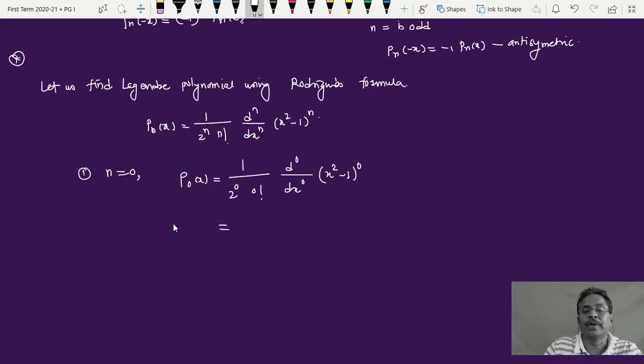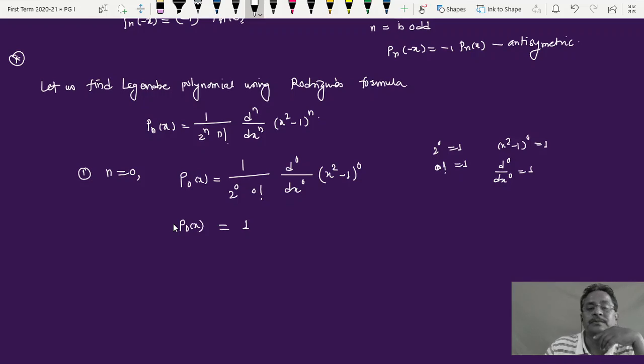Anything raised to 0 is always 1. Here 2 raised to 0 is 1, then 0 factorial is also equal to 1, then x square minus 1 raised to 0 is also equal to 1, and this d raised to 0 upon dx raised to 0 is also equal to 1. So everything is 1, so I'll get simply 1, and there is my P0 of x. So from the Rodrigues formula we got the first Legendre polynomial, that is P0 of x, which is equal to 1.